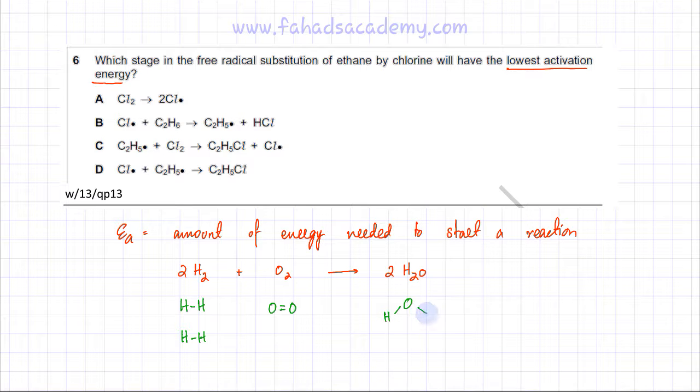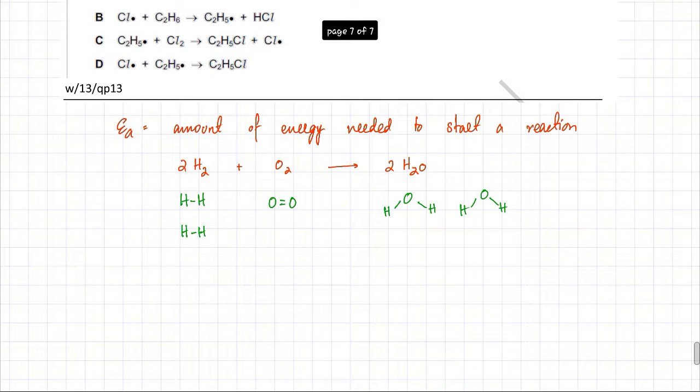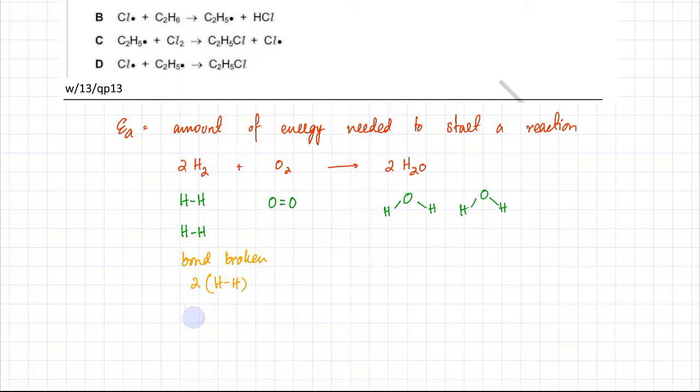If you look at this reaction carefully, in every reaction the first step involves the breaking of bonds. Very initially, you need to get rid of the H-H bonds. So the bonds broken are two hydrogen-hydrogen bonds and an oxygen-oxygen bond.